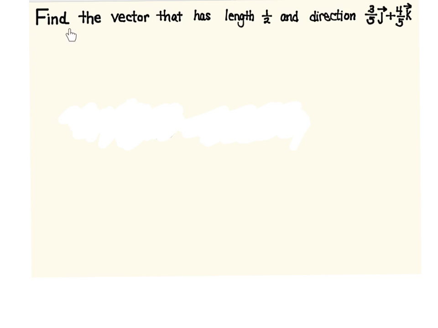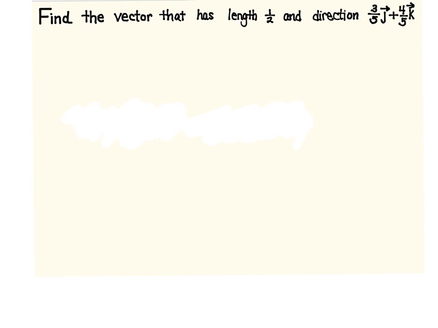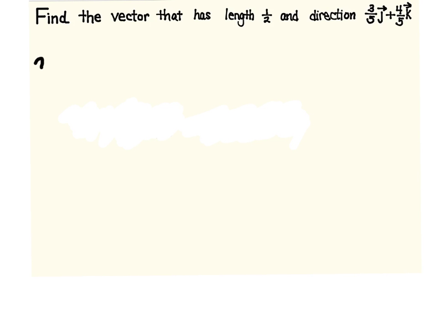Now we're going to find the vector that has a length of 1/2 and a direction 3/5 j plus 4/5 k. So we know that vector v is equal to its magnitude times its direction.